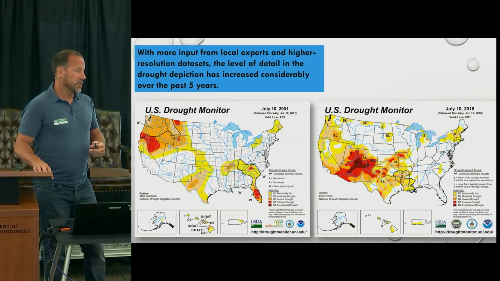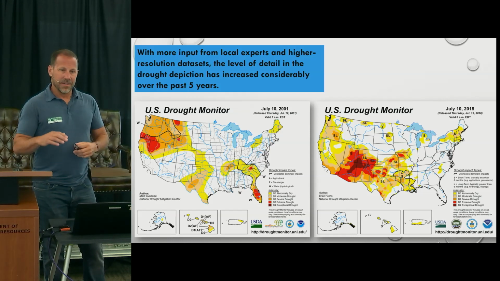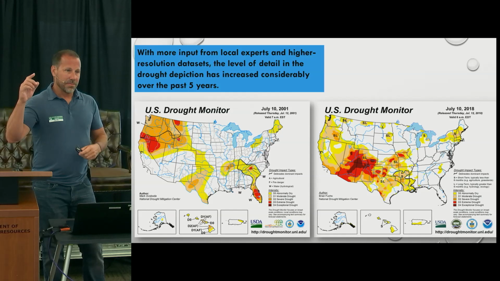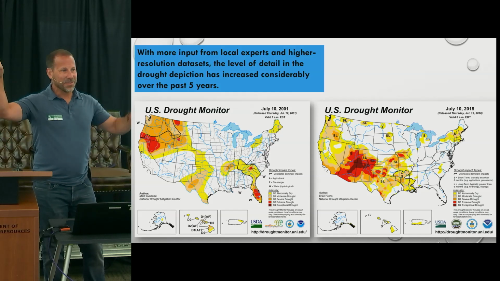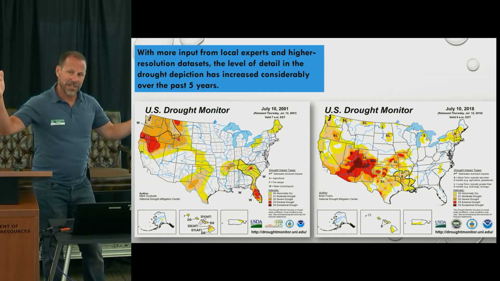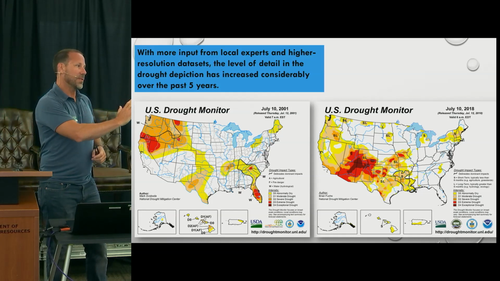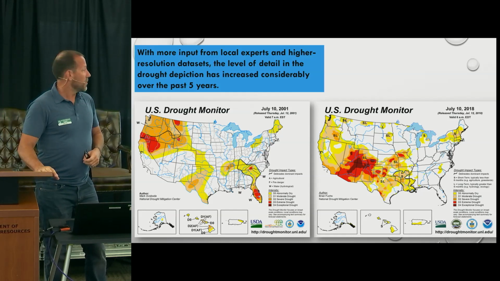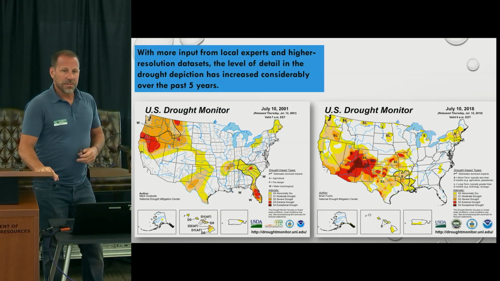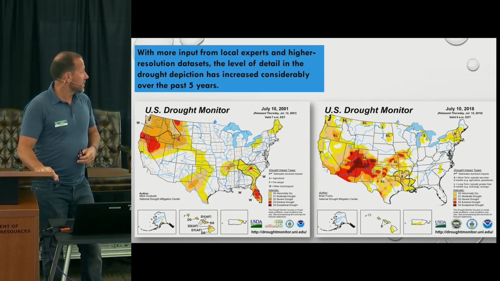Say for example, you have an observation point here and you have another one 100 miles away, like in western Utah. There's a lot of interpolation that goes on between those two points. So you have to take into consideration how accurate that data is.